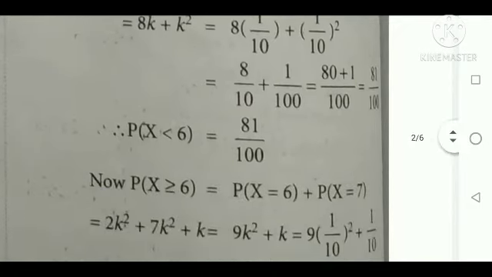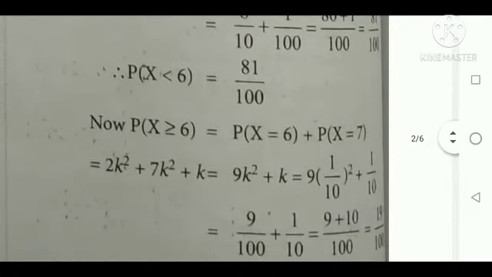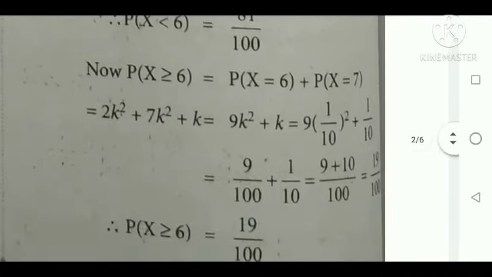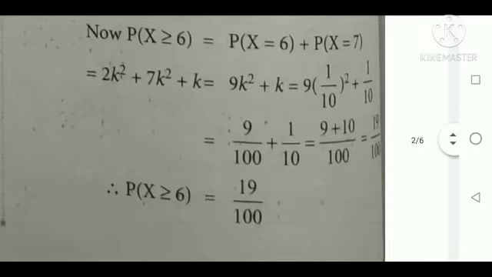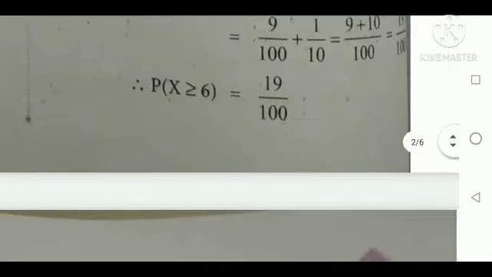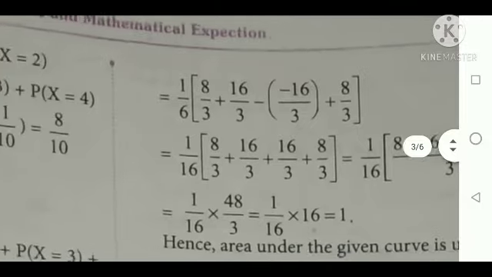Then we find p of x greater than or equal to 6, which is p of x equal to 6, 7 and 8. We get 2k square plus 7k square plus k, that is 9k square plus k. Now substitute the k value, and we get the answer 19 by 100.